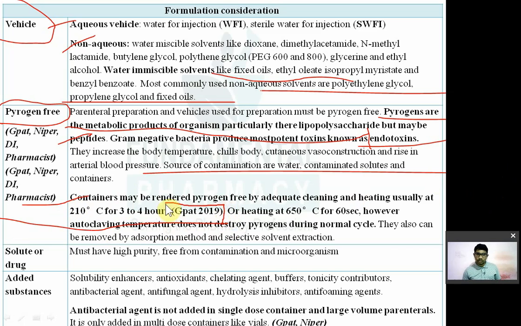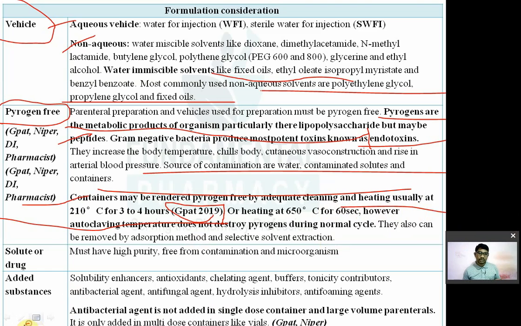2019 में क्वेश्चन था, a container may be rendered pyrogen free by heating at 210 degrees Celsius for 3 to 4 hours, or it can be rendered pyrogen free by heating at 650 degrees Celsius for 60 seconds. सो याद रखो पायरोजन फ्री कैसे करेंगे कंटेनर का, कंटेनर में पायरोजन को कैसे एलिमिनेट करेंगे.